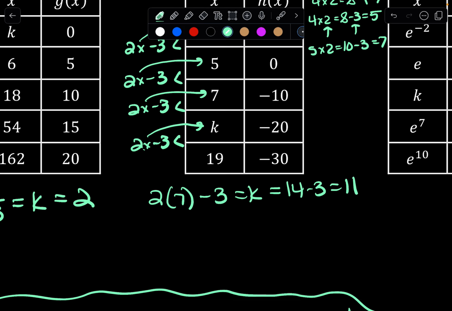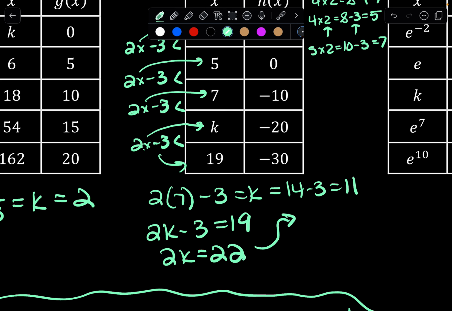So if I plug in k as my input, I have 2k minus 3, and that is going to be equal to 19. So now we have 2k is equal to 22. We'll divide both sides. We get k is equal to 22 over 2. Therefore, k is equal to 11. So we found it. So because it's logarithmic, either one of these will work.